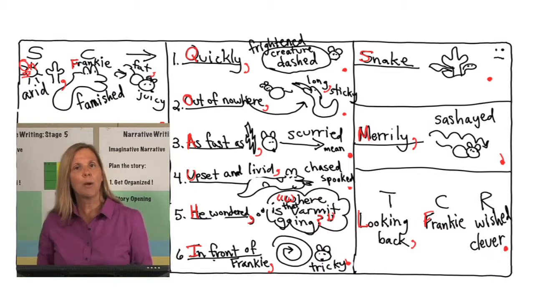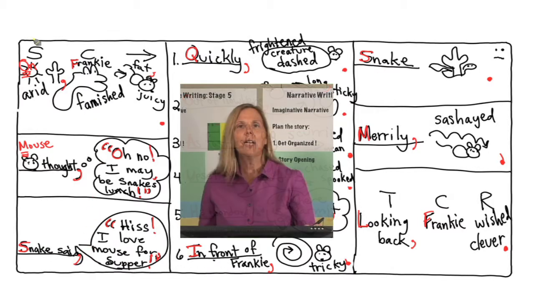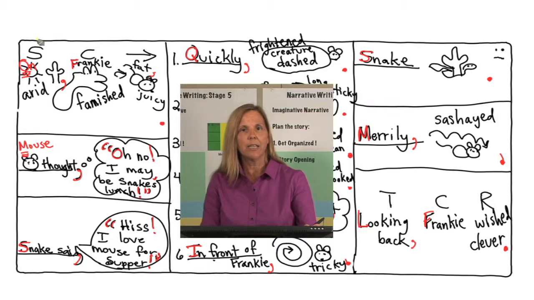We have our punctuation, our mechanics, on our paper. Notice there are many sentences for the beginning, middle, and end. At the beginning of this lesson, I spoke about how this organizer could be one paragraph or several paragraphs.